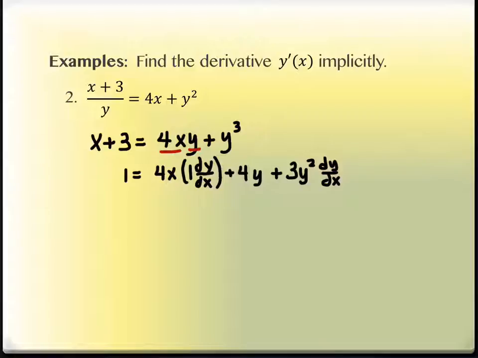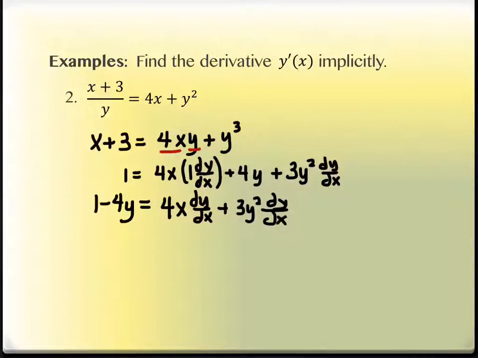Everybody good with that? And we're going to leave the other pieces on the right. So now I'm going to have 1 minus 4y on the left. And then I have 4x dy dx plus 3y squared dy dx on the right.